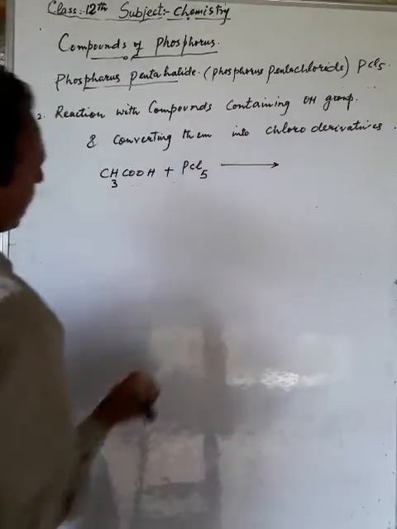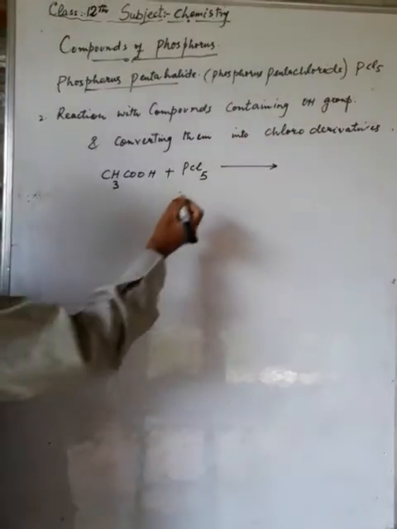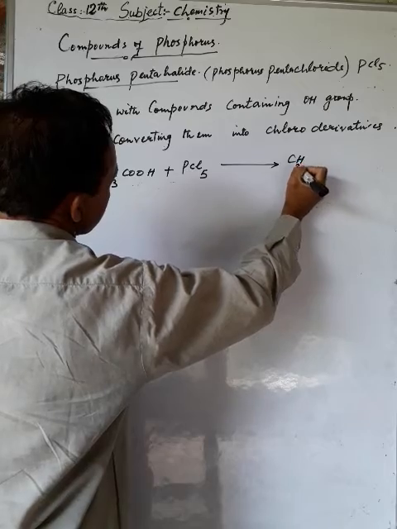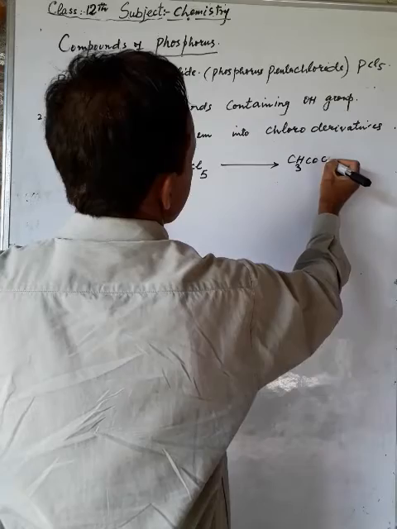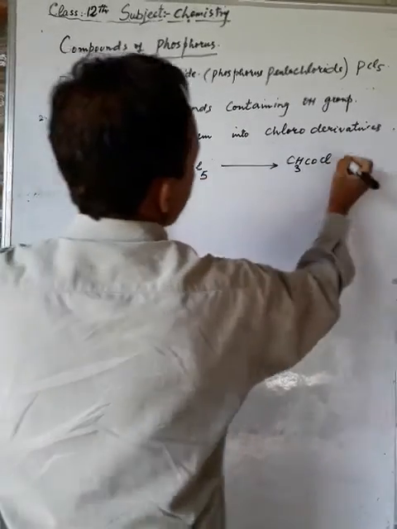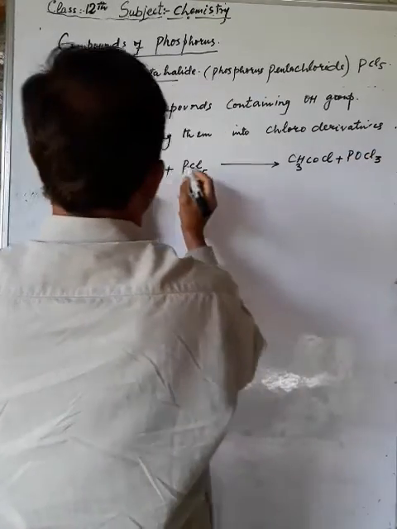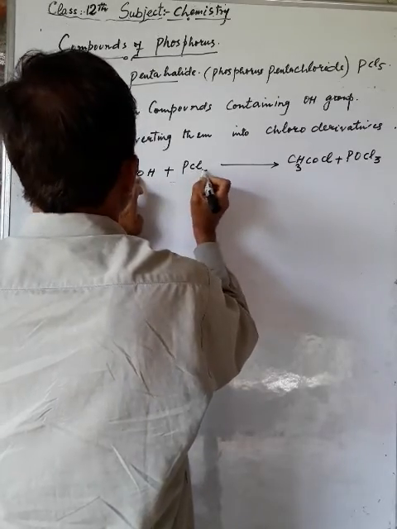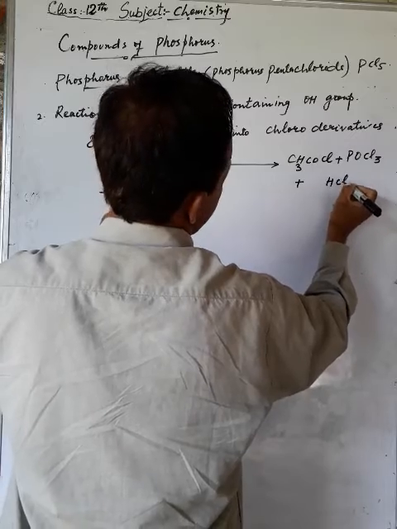Now when these react, they form CH3COCl plus POCl3 plus HCl.